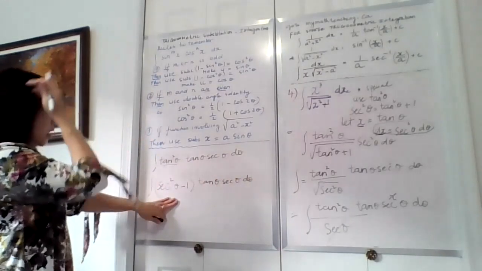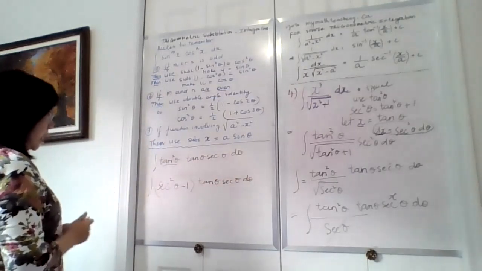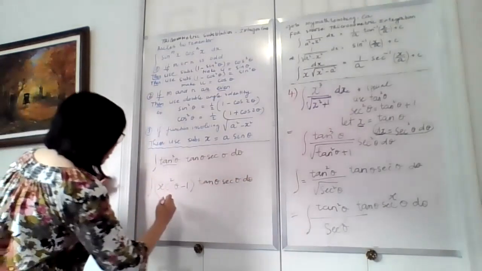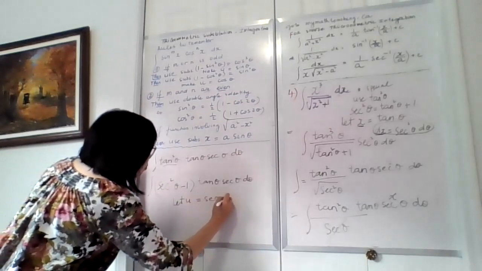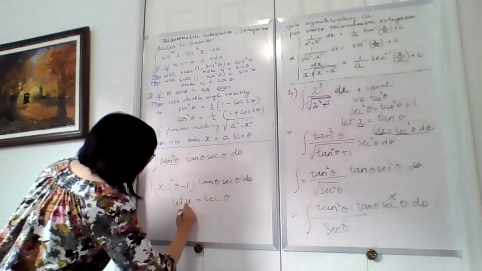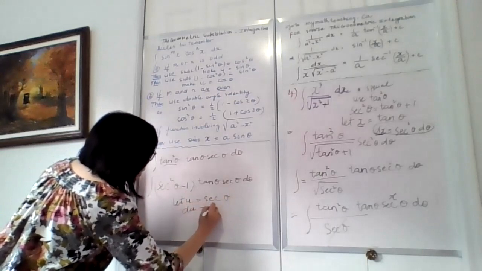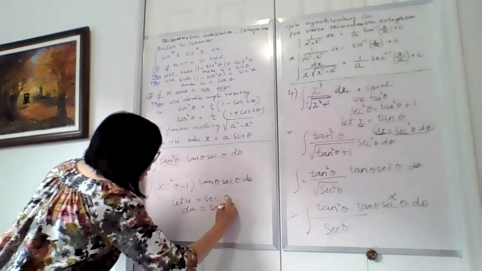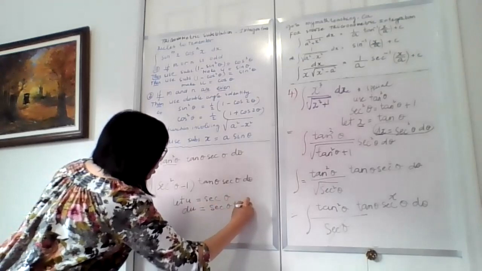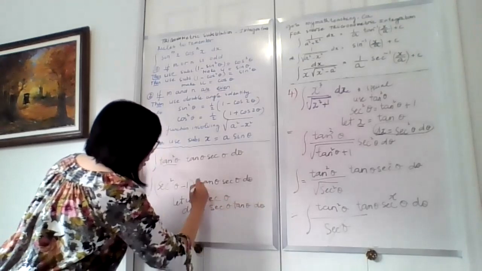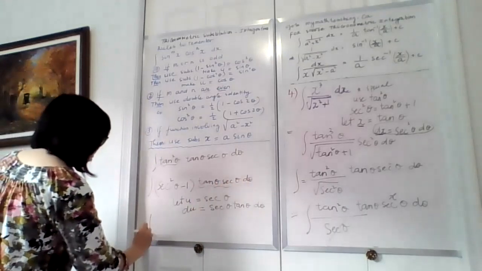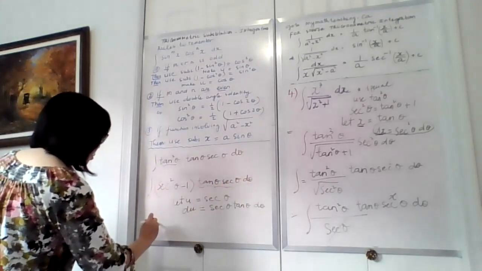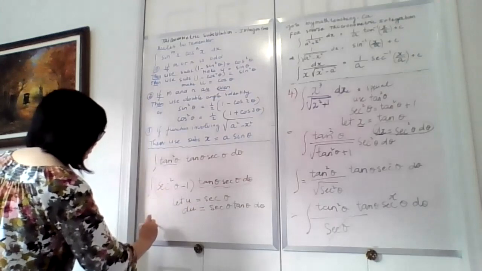Now, if I say let u equal secant theta, what will happen? Let u equal secant theta, then du over d theta will be equal to secant theta tan theta d theta. And that's what I want it to look like, right? So now I will substitute this by u, because I said let u equal that.